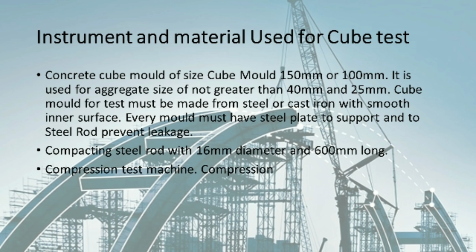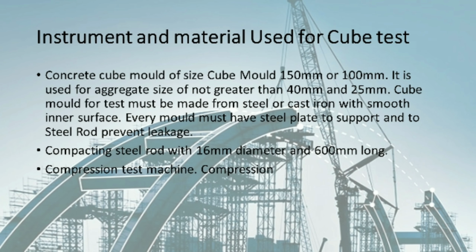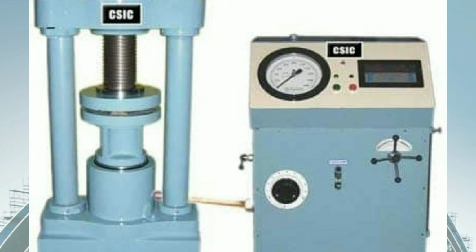The cube mold for the test must be made from steel or cast iron with a smooth inner surface. Every mold must have a steel plate to support and prevent leakage. And then a compacting steel rod with 60 mm diameter and 600 mm long. And lastly, a compression test machine.